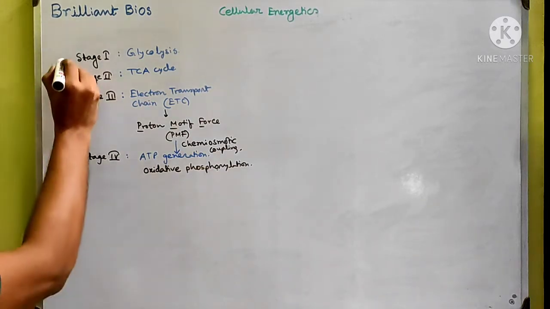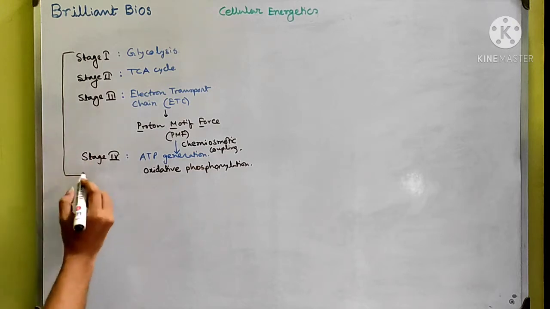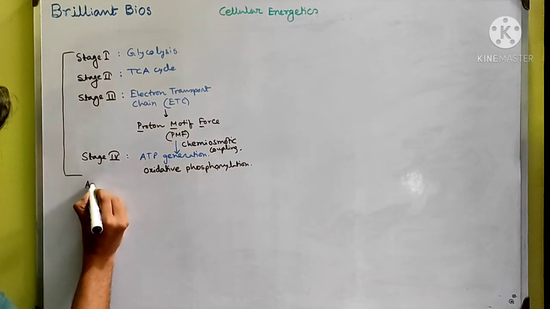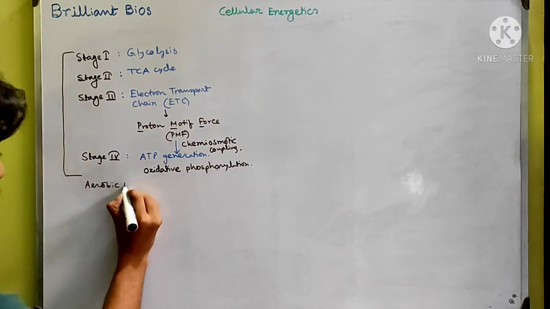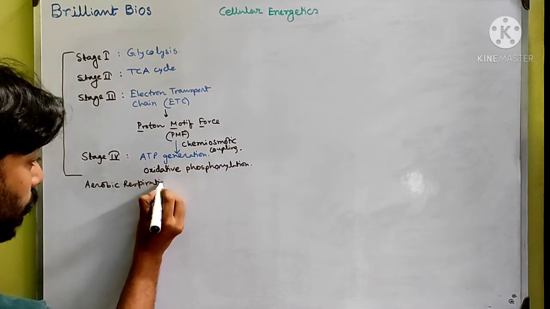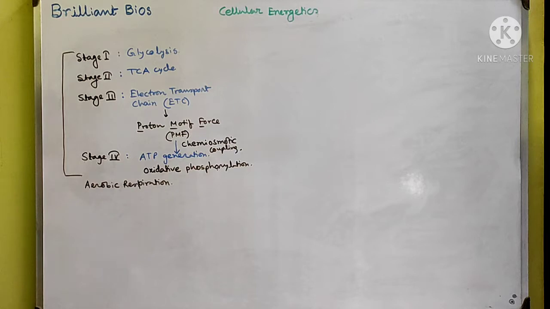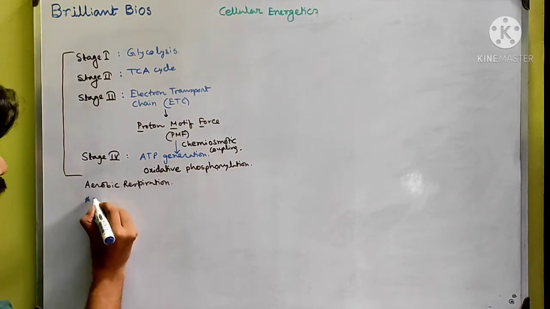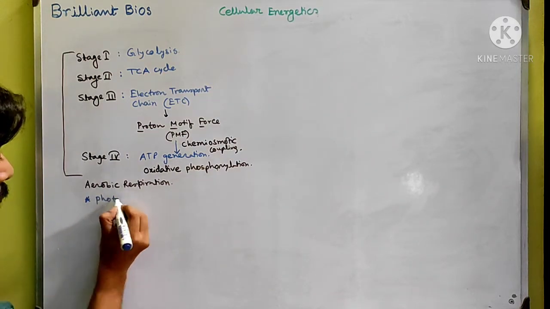So basically all these 4 stages are known as aerobic respiration. Now there is another way by which a cell can produce energy. We call it photosynthesis.